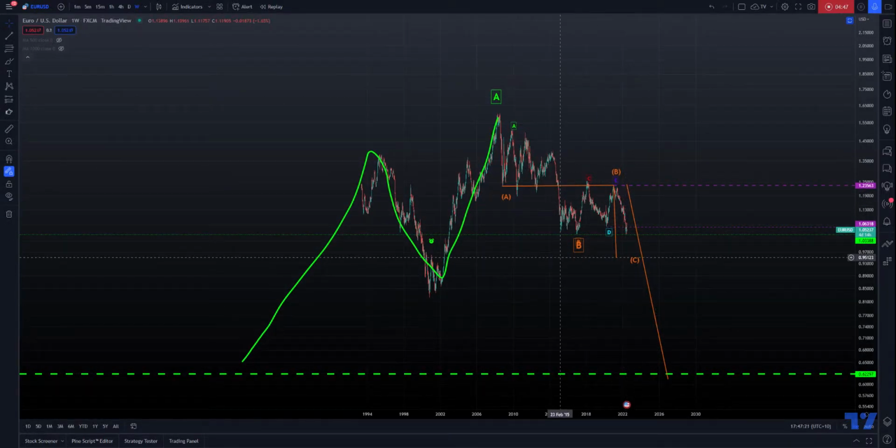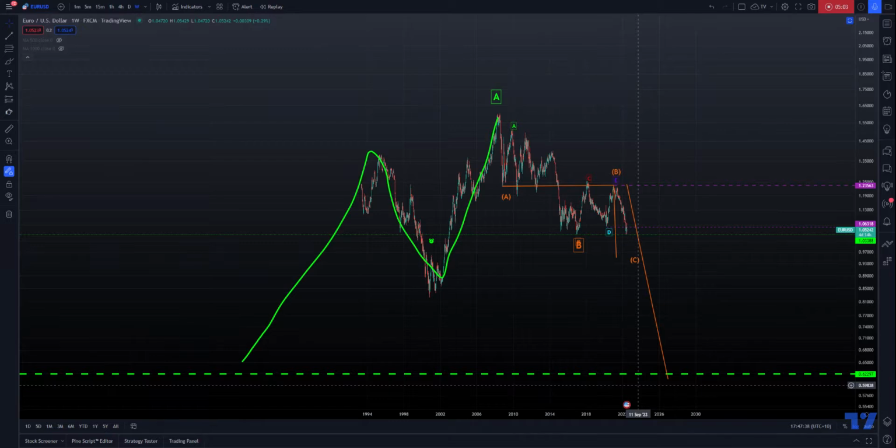Now, it can happen, right? It can happen where you get the pattern that it basically forms like a little mini contracting triangle type pattern, right? And then you get this massive thrust to the downside. Okay.